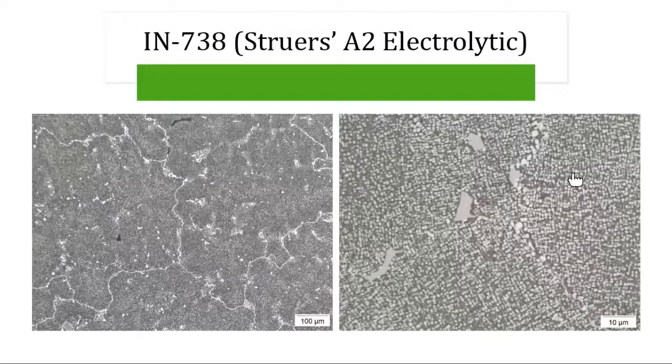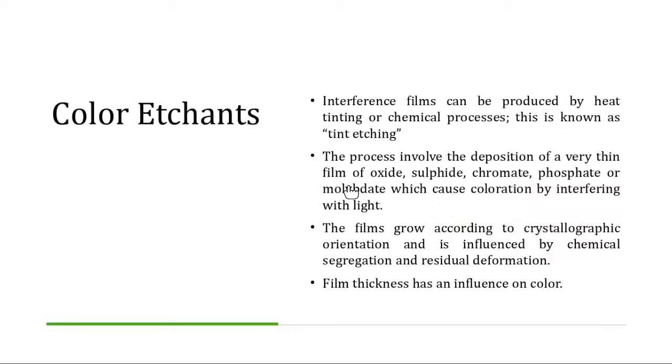Colored etchants. A colored etchant essentially produces what we call an interference film, and that film can be produced either by heat tinting or through a chemical process, all known as tint etching.